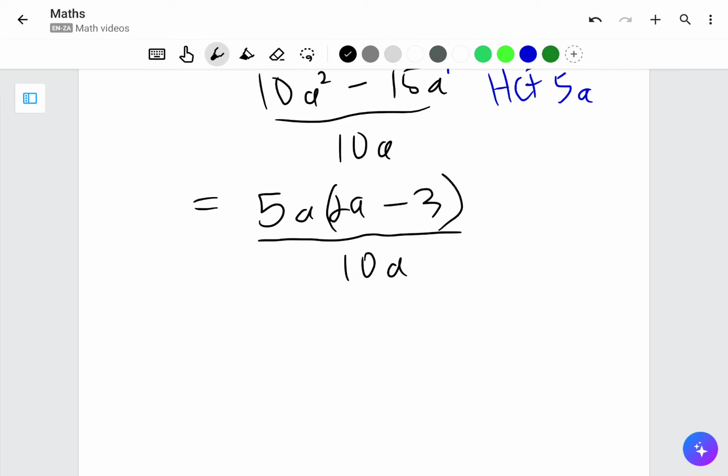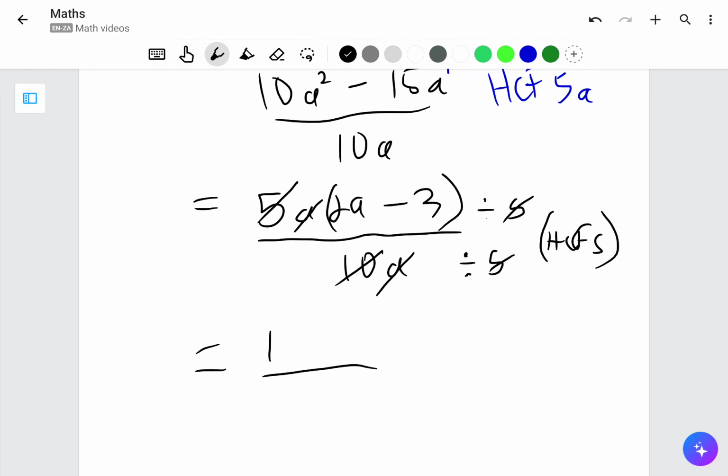Because we know a will go into a once, so it cancels, right? So we can basically say we have an HCF here of 5. So 5 goes into itself once, 5 goes into 10 twice.